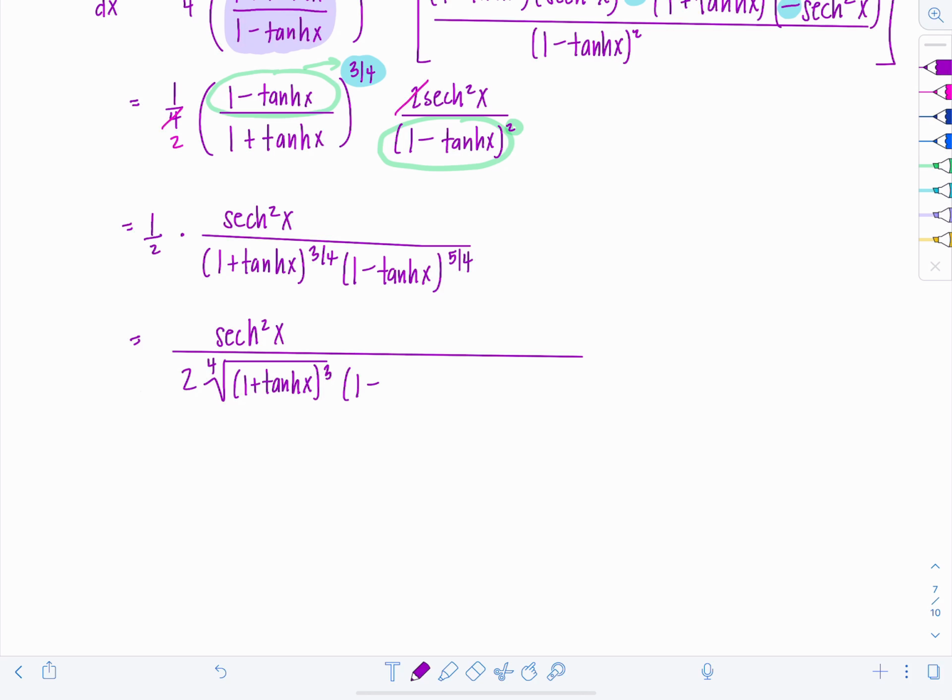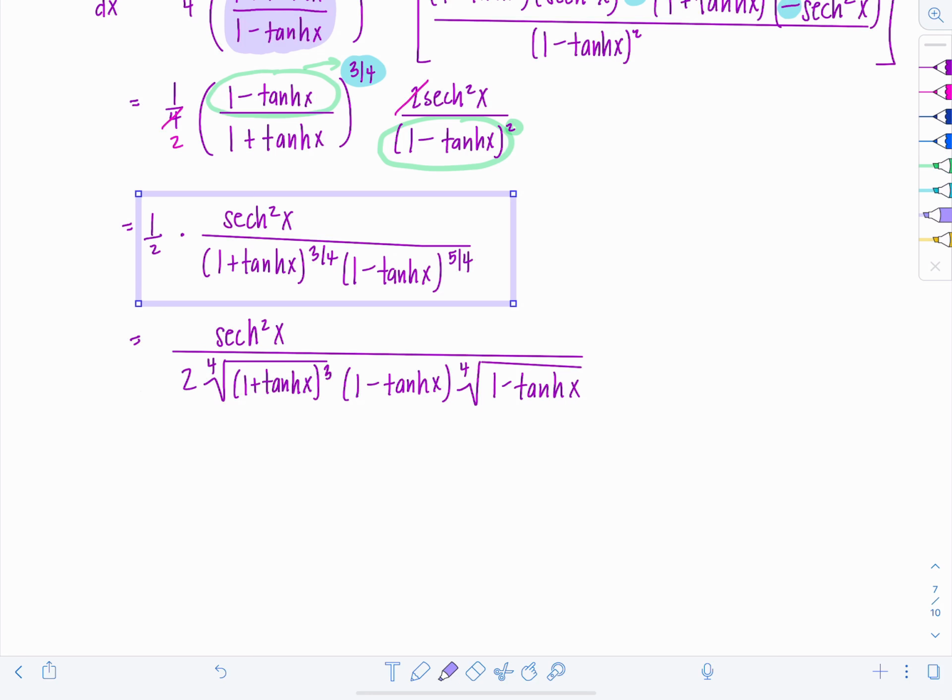Well, I could take out one (1 minus tanh of x) from that 4th root, and then you've got 1 left over. So that would be the 4th root of 1 minus tanh of x. It doesn't really matter. I mean, I'm fine if you just stop here pretty much. Okay, but just check with your instructor and see how they want it. Go with what the back of the book does if you're not given other direction.